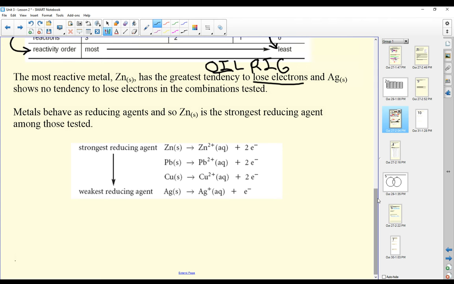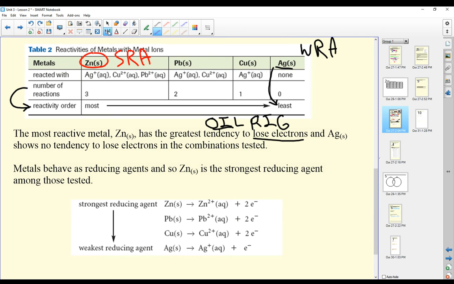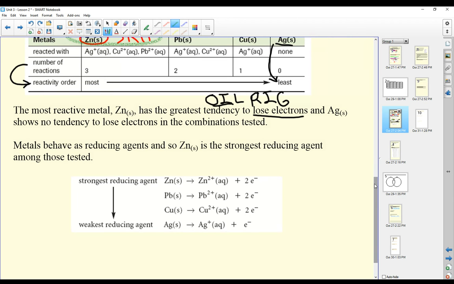Oxidation is loss of electrons. So that zinc metal, it is our strongest reducing agent. All right, up here, this is our strongest reducing agent because it wants to undergo oxidation and lose electrons. An Ag solid shows no tendency to lose electrons in the combinations tested.